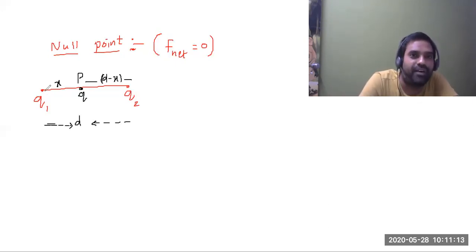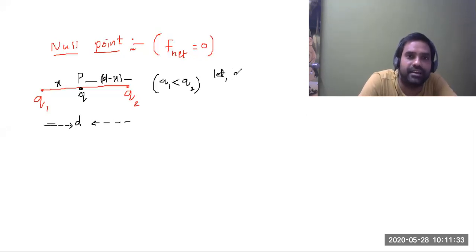Now here I'm also considering that Q1 is the smaller charge. By magnitude, Q1 is less than Q2. That also you need to keep in mind. Now see, what is the net force? Anyway, Q1 is positive. Here I'm making one more assumption.